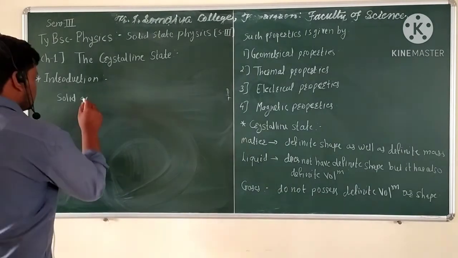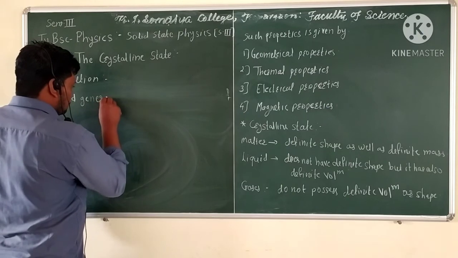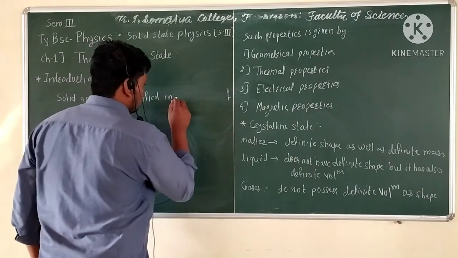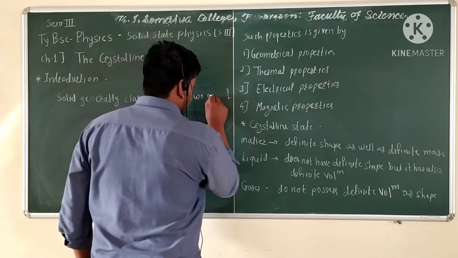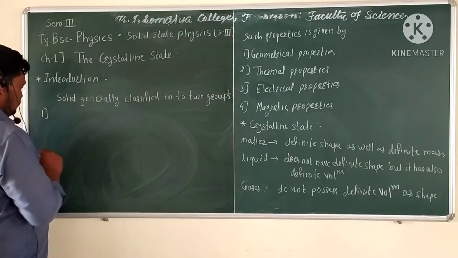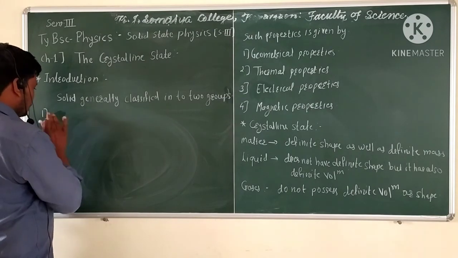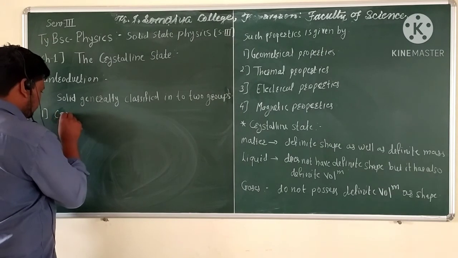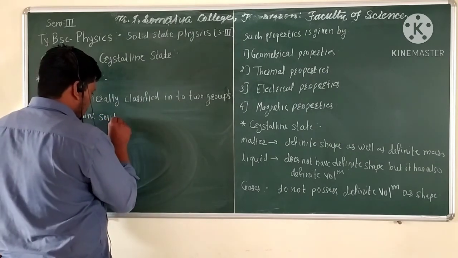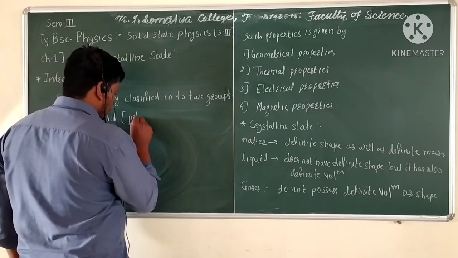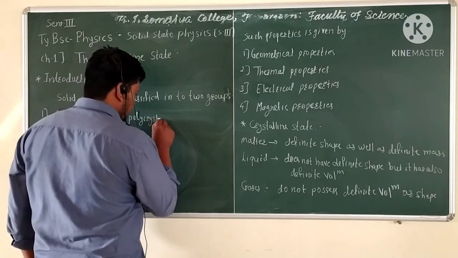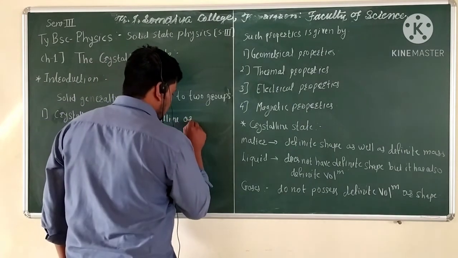The first is considered the crystalline solid, and the crystalline solid is considered as polycrystalline or single crystal.